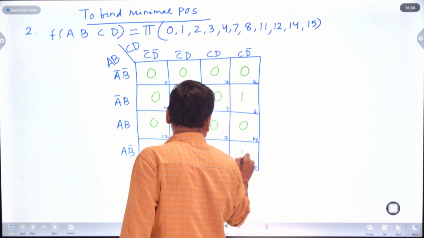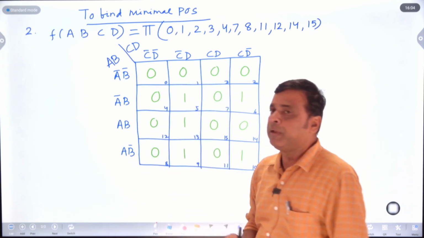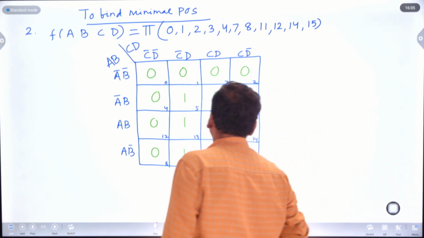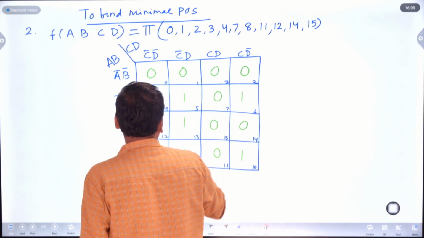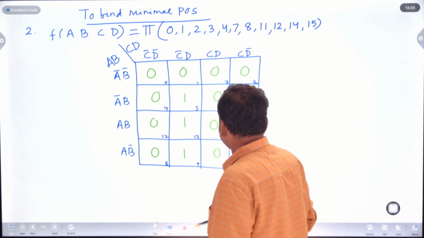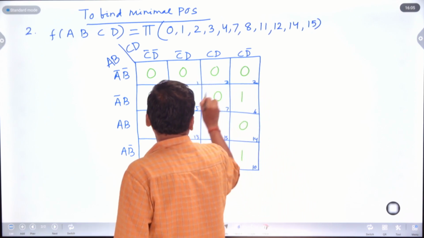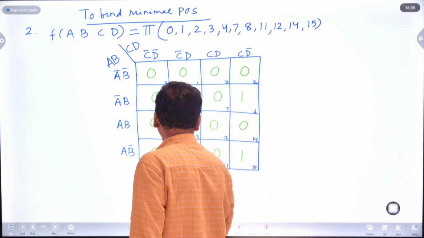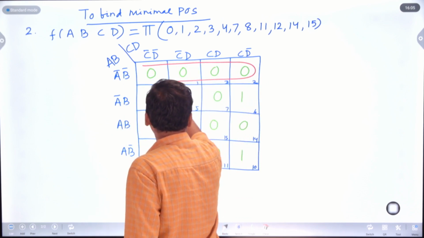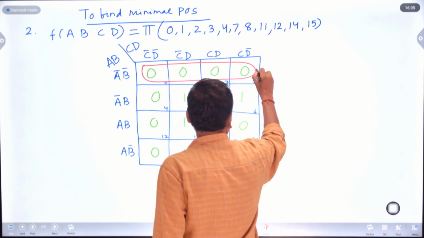Okay. What did the question ask? To find the minimal POS, which means we have to group zeros. Straightforward, there are 4 zeros here, which is 1 quad. This is group 1.